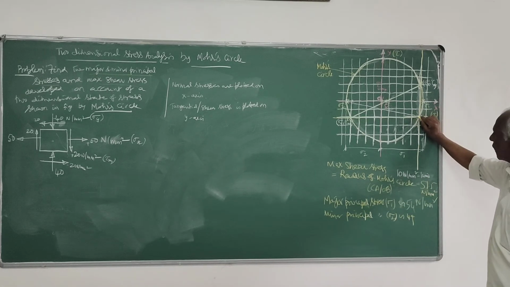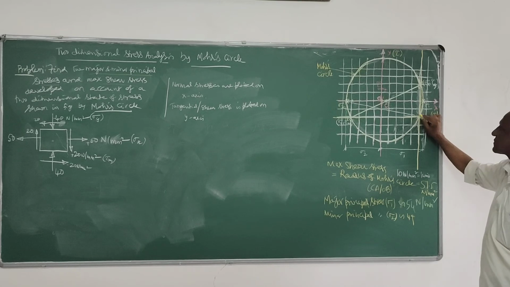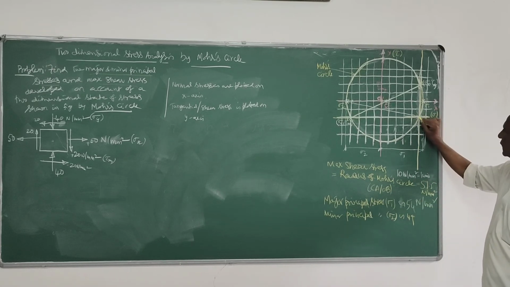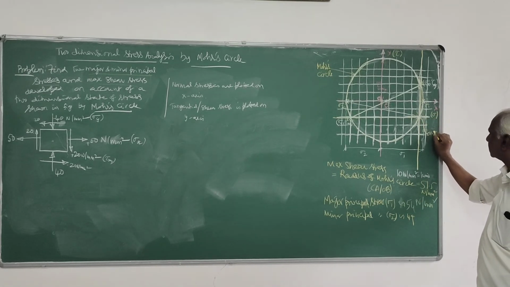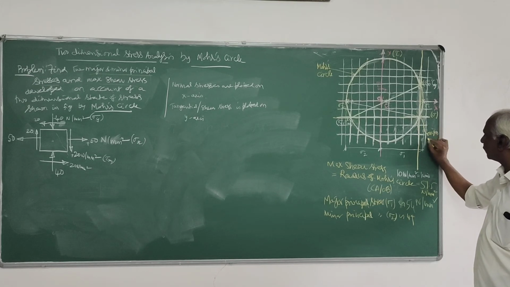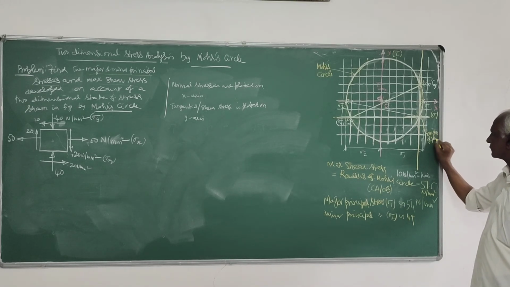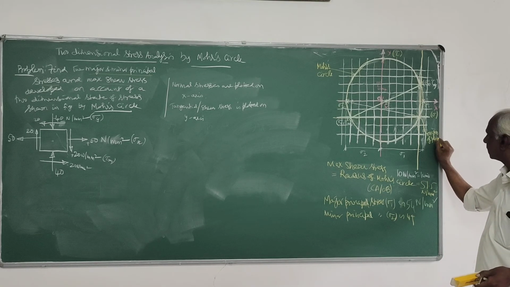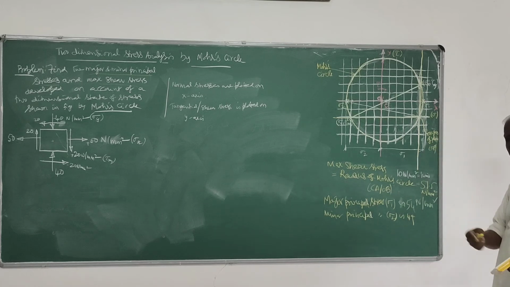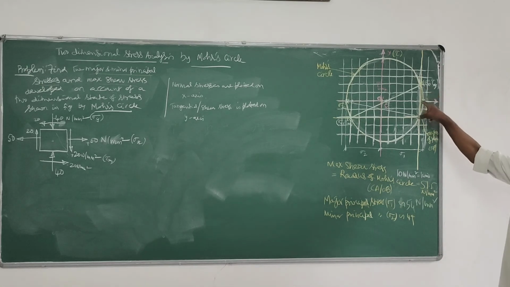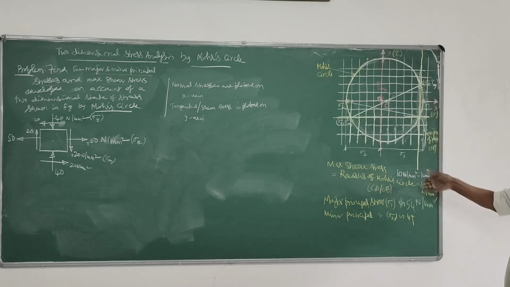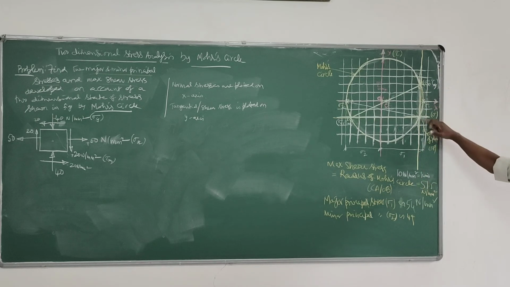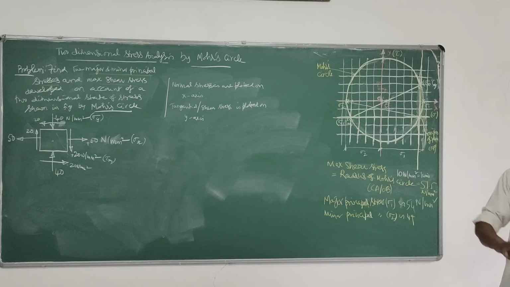The intersection of these two on the Mohr circle is called the origin of plane, OP, because that's the origin from where all planes will originate. So here, this A state of stress will be on the vertical plane, and this B will be on the horizontal plane.